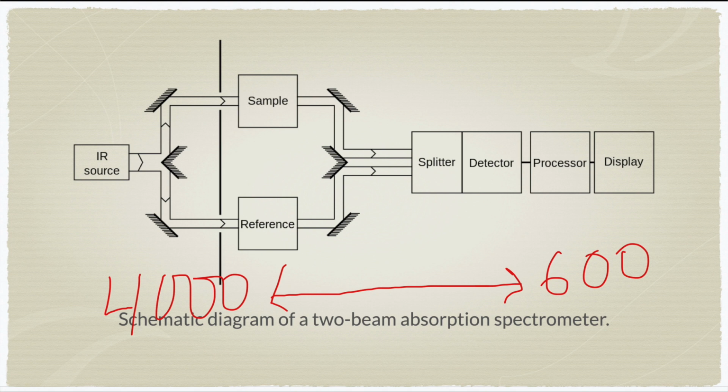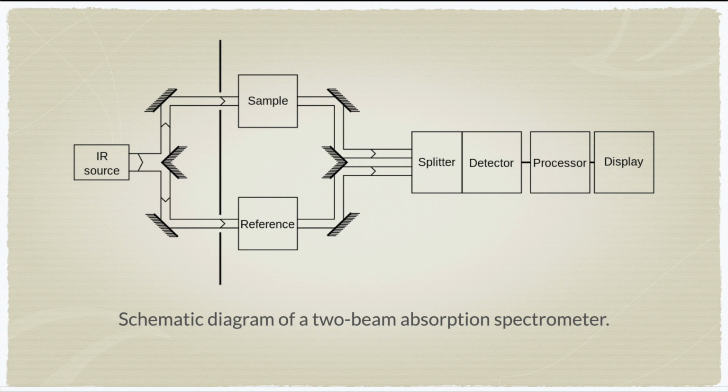plot the graph. But modern instruments are able to broadcast the whole frequency, and they use a technique known as Fourier transform, and the most commonly used term is FTIR, Fourier transform infrared instrument. Now what this instrument does, I'll not go into the detail of this instrument, but in a simple understanding, all the wavelengths are broadcast at the same moment, and then you'll get the different frequency, different interaction.